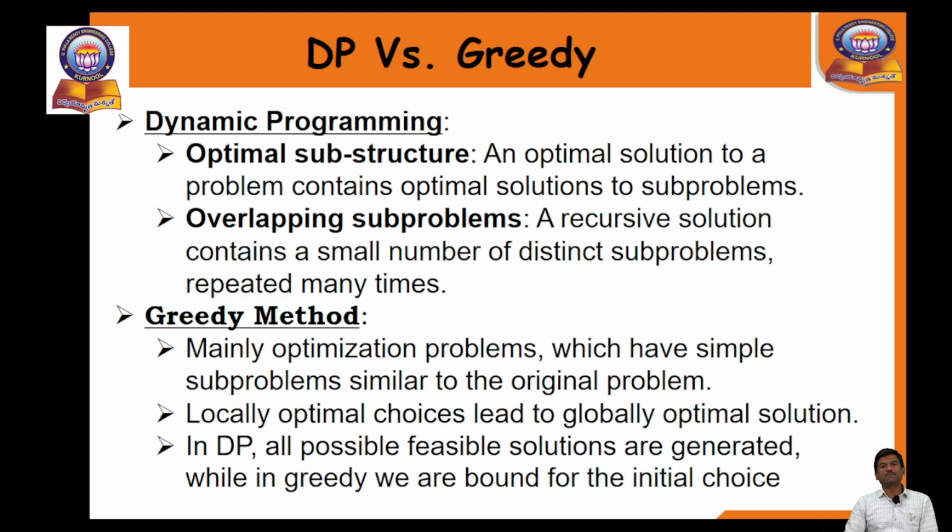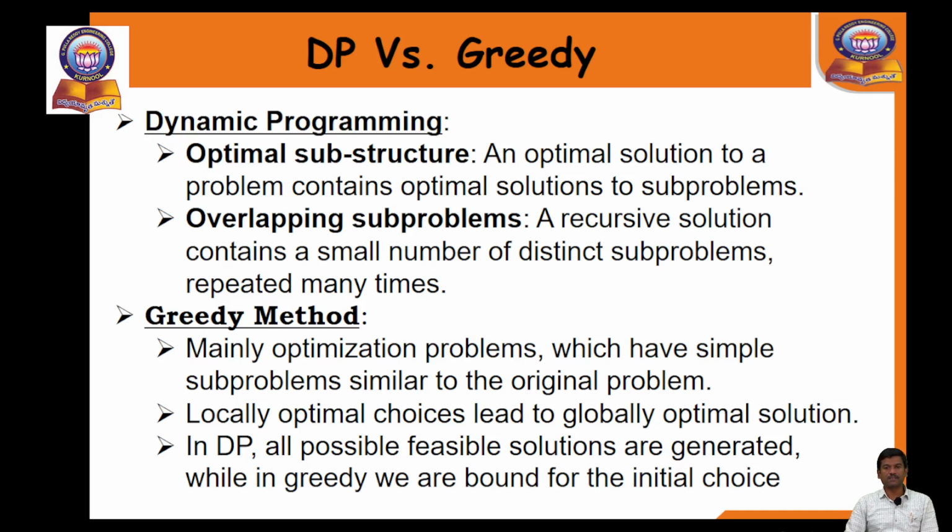Considering optimal substructure, take the multi-stage graph problem: you find the optimal solution at each stage, which leads to the solution to the main problem. That is the optimal substructure.